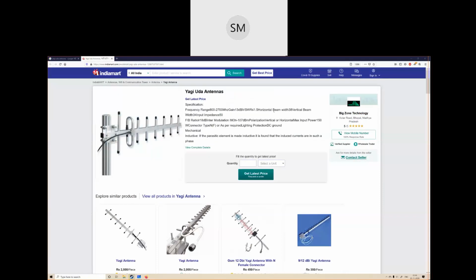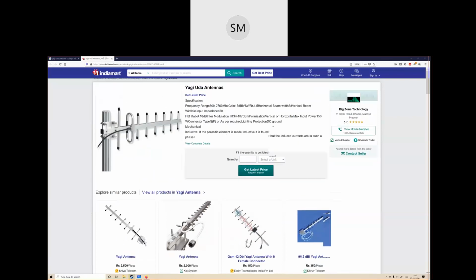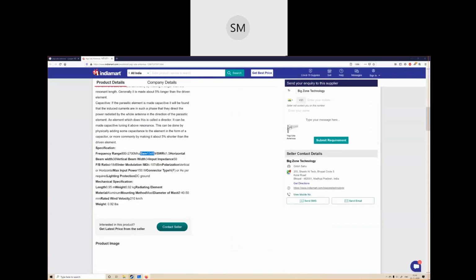Interestingly, they have given the input 50 ohms. Note the gain of this antenna, 13 dBi. In absolute terms, what does it mean? The frequency range is quite broad.